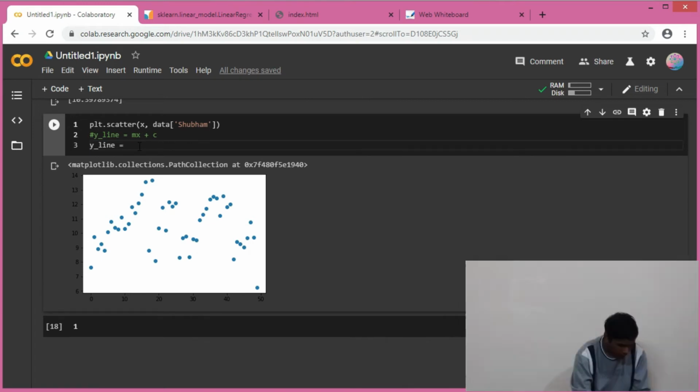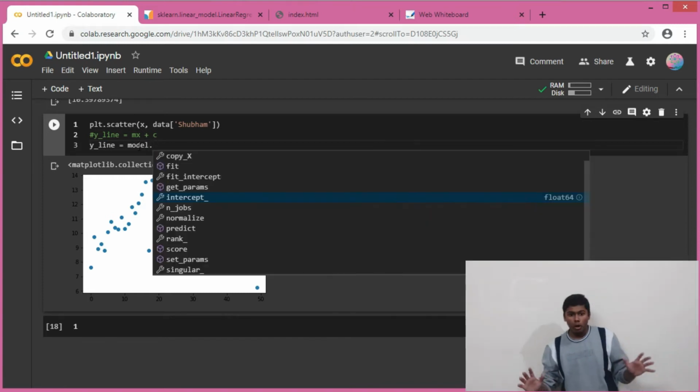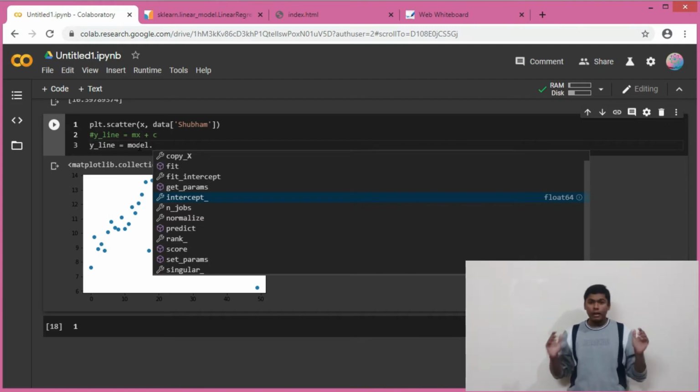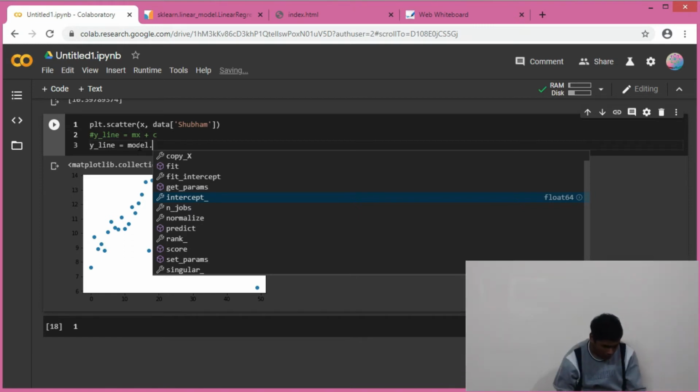Okay, continuing. Y line. Well, what is y line? We need an m. What is an m? Our m will be from our model. What do we need from a model? Just imagine m was a slope. Now how can I access the slope from here?